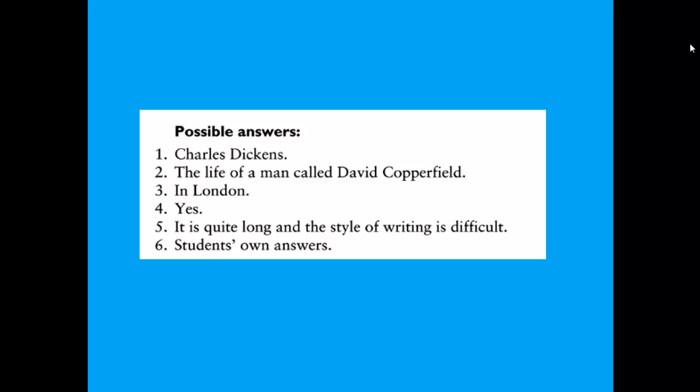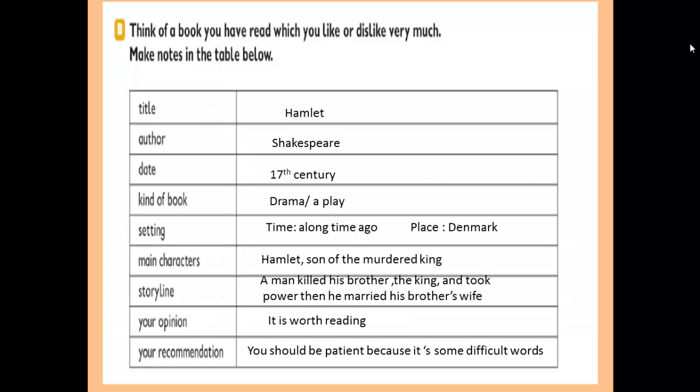Does the reviewer recommend the book? Yes. Number 5. Does the book have any bad points? It's quite long and the style of writing is difficult. And number 6, here you can give your own answers, my students, according to if you would like to read David Copperfield or not.